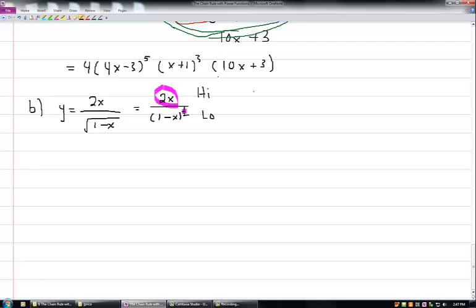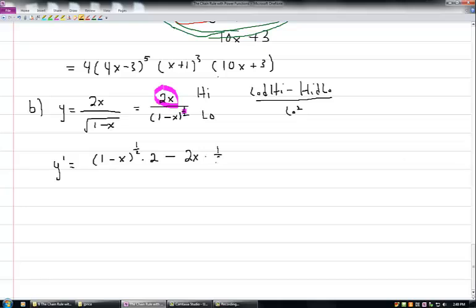So remember the quotient rule: low d high minus high d low, all over low squared, and away we go. And so right here I'll start: y prime is equal to, and then the low function I simply copy down, so I have (1 minus x) to the 1/2, that's the low function, times d high, so times 2, the derivative of 2x is just the number 2, minus the high function, so copy down the high function, that's just a 2x, and then times the derivative of the low function.